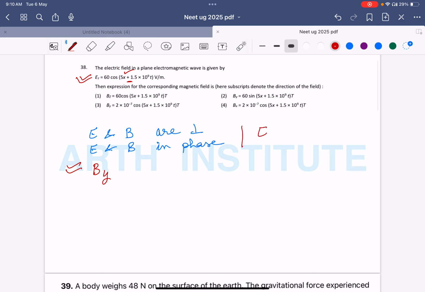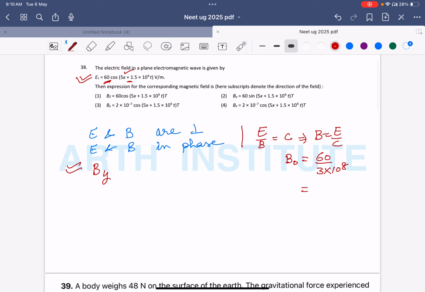Then also you should remember E by B is equal to C, where C is the velocity of light, or B is equal to E upon C. So here the magnitude of E naught is 60, so B naught will be 60 divided by 3 into 10 to the power 8.